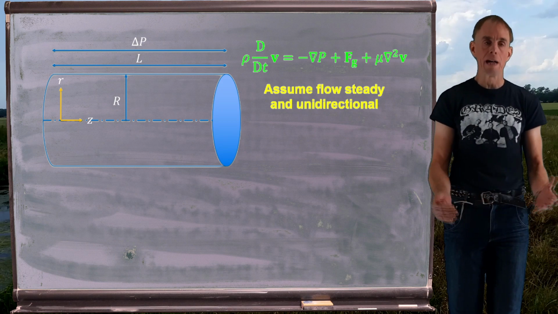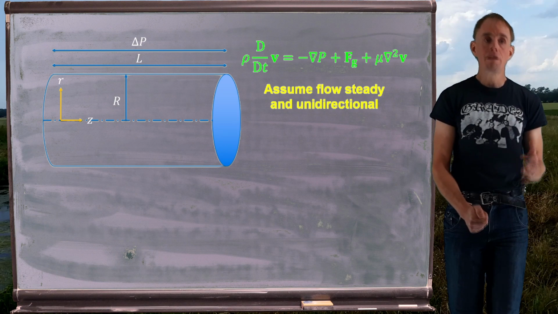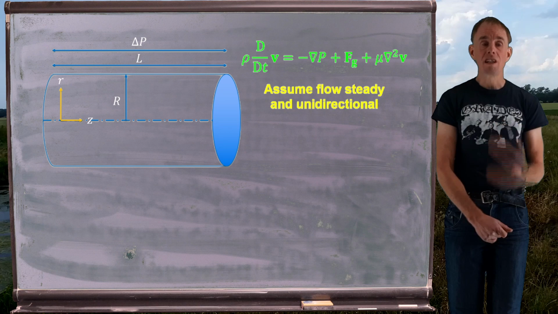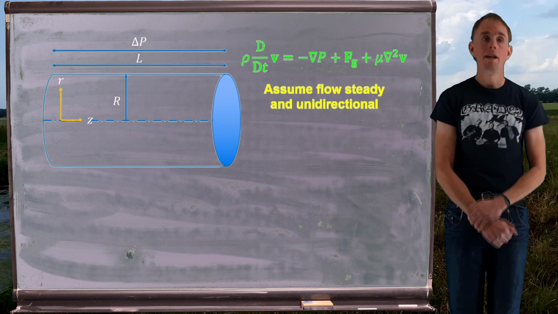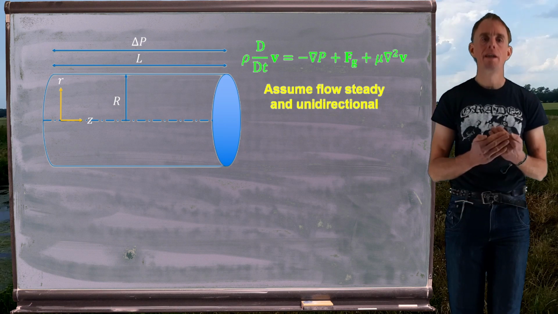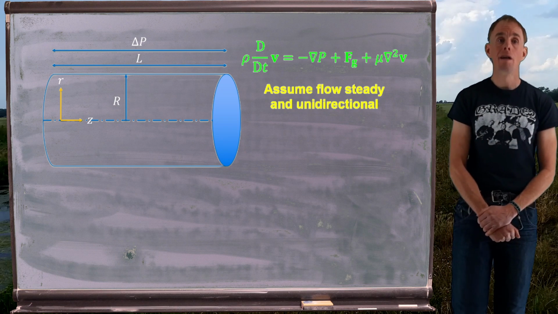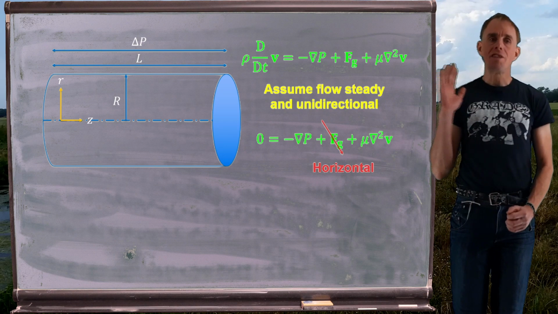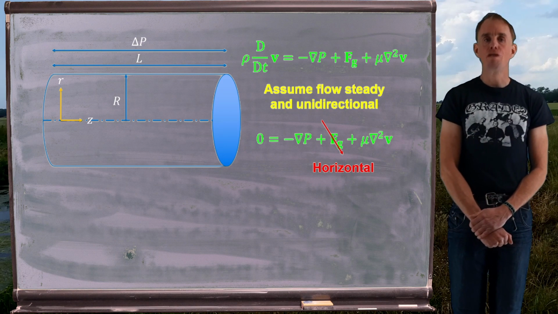The pipe is of constant diameter. It would be pretty reasonable to assume that we've just got flow in the z direction. That flow is steady, it's unidirectional, there is neither temporal nor spatial acceleration, which means that my substantive derivative is zero. Happy days. Brilliant.